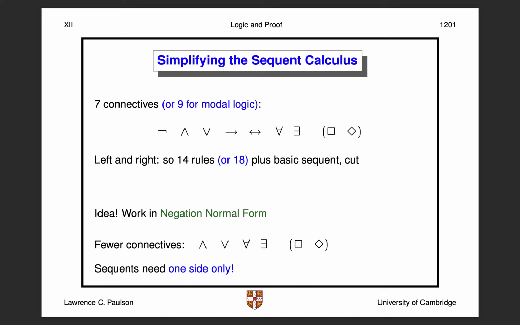The problem, as we've seen several times already, is that ordinary logic has lots of connectives because people like to use all these things to express mathematical properties. But there are many more than necessary.